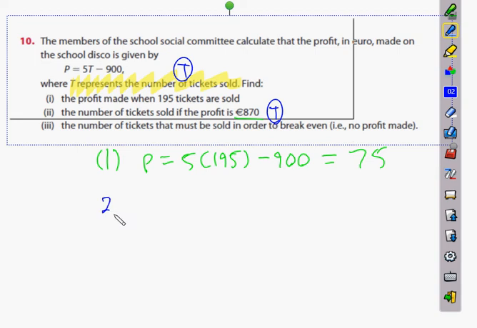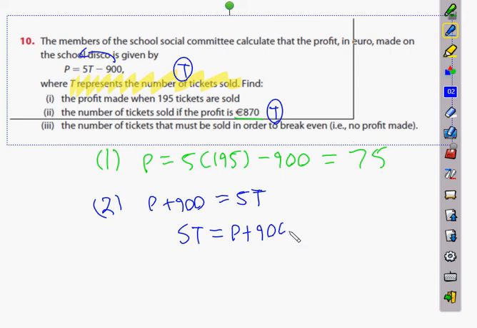So what you do? You bring 900 over to your side, and you say that p plus 900 equals 5t. Is everybody happy with that? 5t therefore equals p plus 900. Then you get rid of the 5, you divide by 5, and what is the p value? What is our profit?